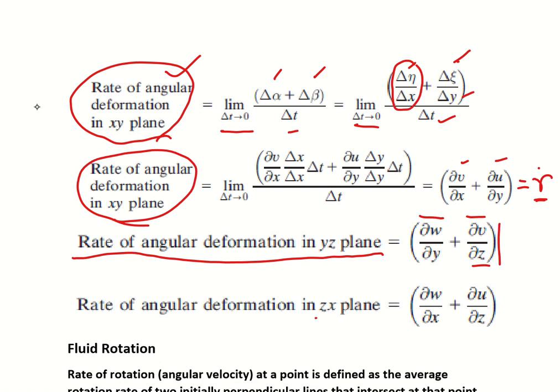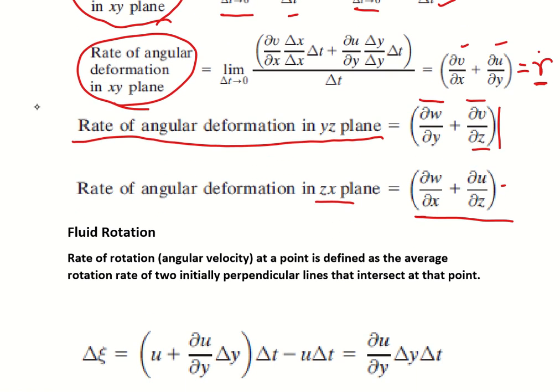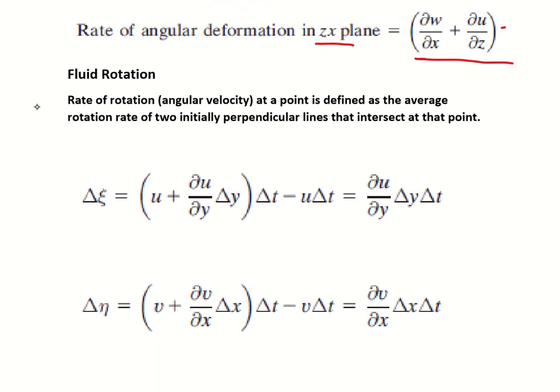Similarly, for the ZX plane, we write del W over del X plus del U over del Z. So here we have learned how to relate, for simple two-dimensional flow, the rate of angular deformation to the corresponding velocity gradient.